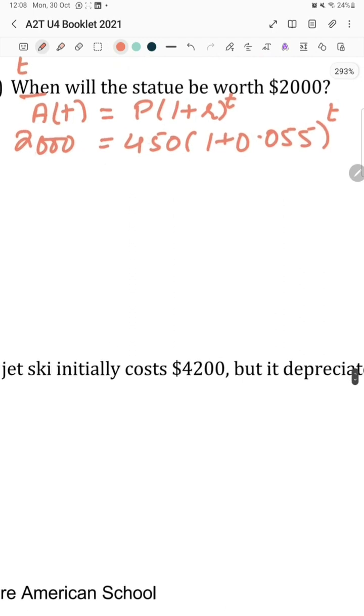So 450 will be divided over here. It's 2000 divided by 450. Let's divide 2000 by 450. You will get 4.44.